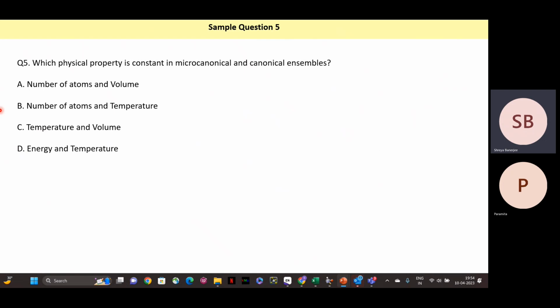Which physical property is constant in microcanonical and canonical ensembles? The correct answer is A, which is number of atoms and volume.